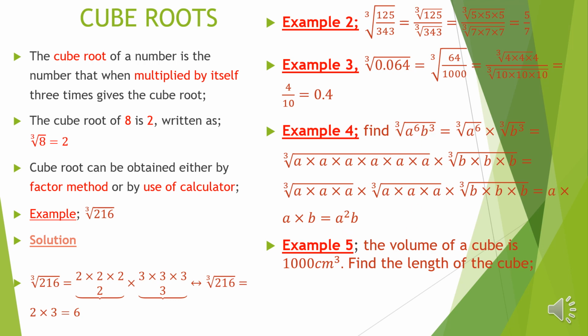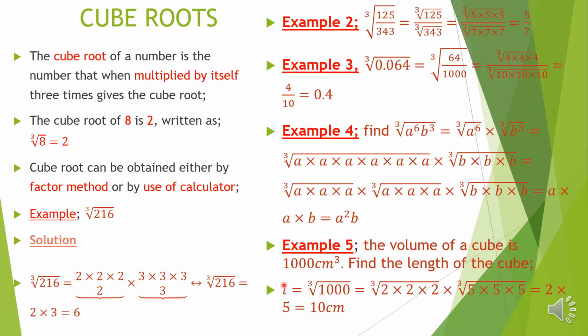Lastly, you are given another example: the volume of a cube is 1,000 cubic centimeters, and you are to find the length of the cube. Remember, the cube has all its sides equal, so the volume is length cubed.